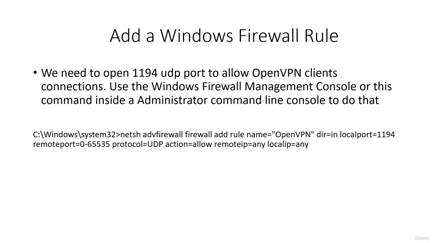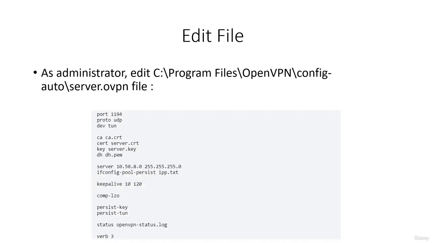We need to edit the OpenVPN file similarly to this. Make sure you change all of those into this, then save this OpenVPN config file and restart our OpenVPN service.